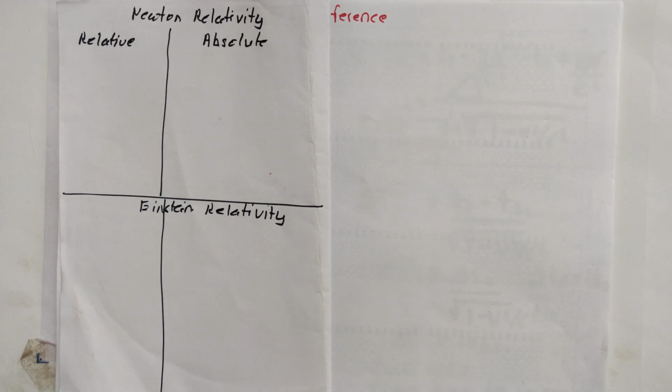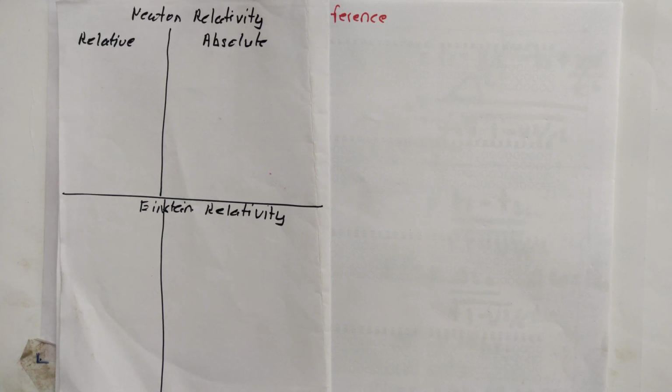As we have seen in the previous classes, the two principles of the theory of relativity are: all the physical laws are the same in all inertial frames of reference, and second, the velocity of light is constant in all inertial frames of reference.